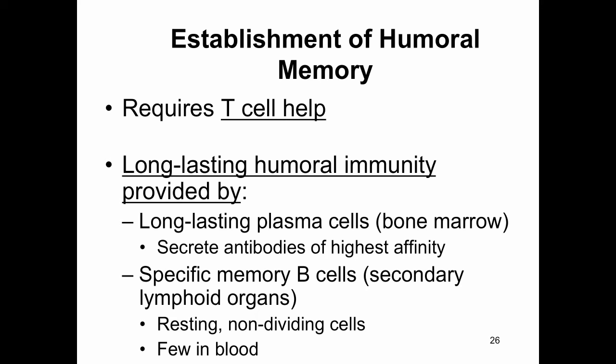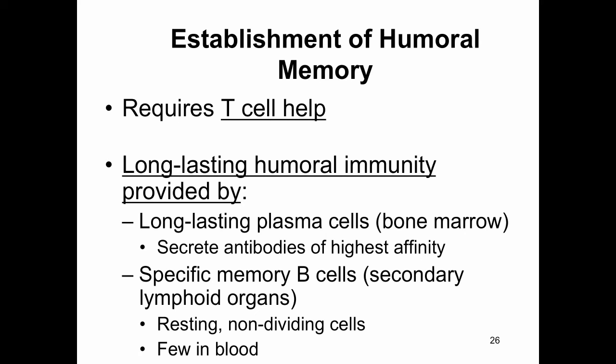And two is you need to have long-lasting humoral immunity that's produced by the induction of long-lived plasma cells that were originally stimulated during the germinal center reaction, left the lymph node, and migrated to peripheral sites like the bone marrow, where they continually secrete antibodies of relatively high affinity.